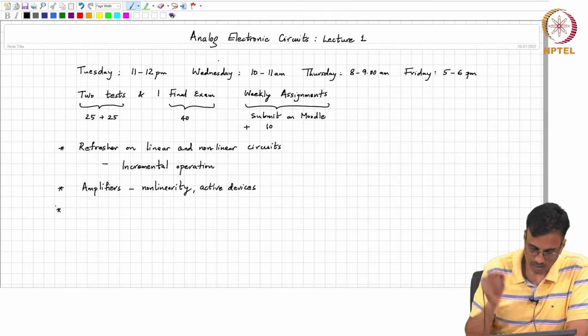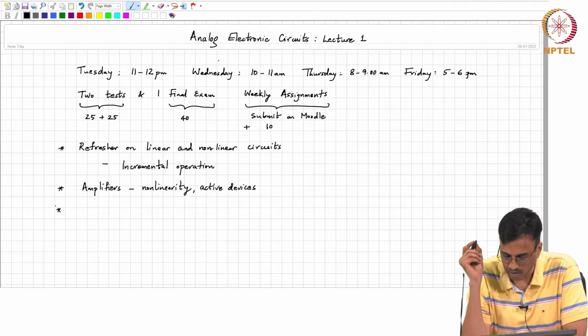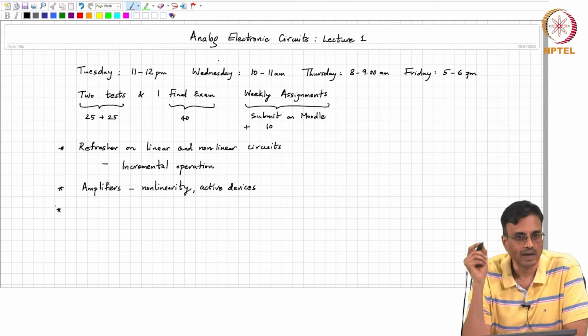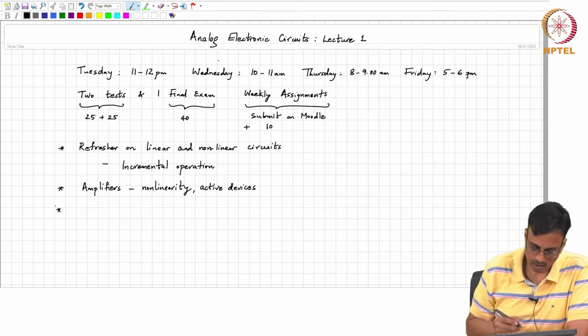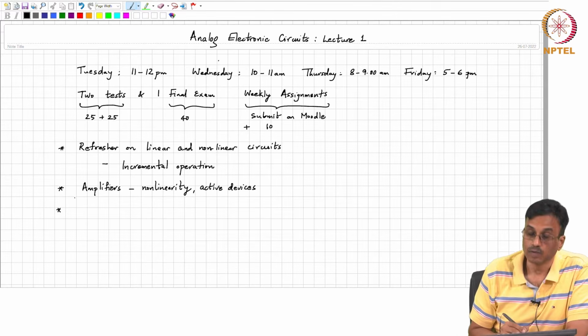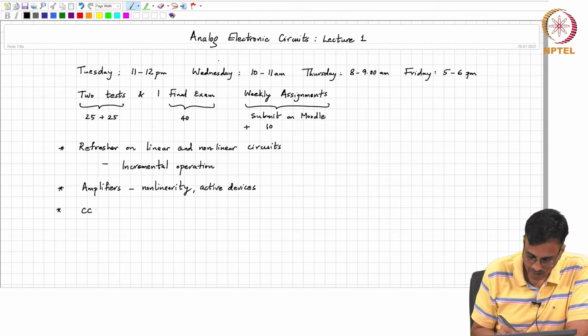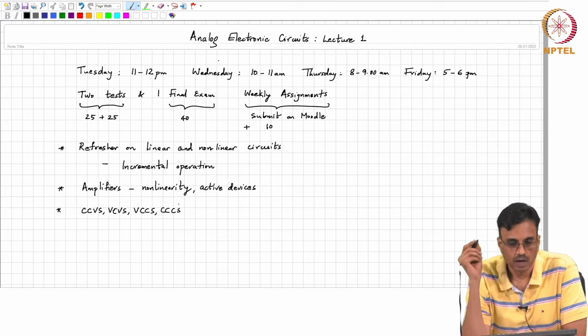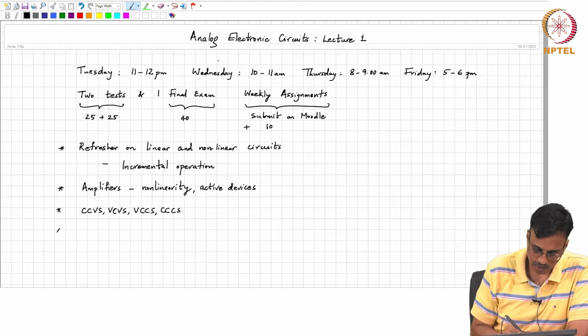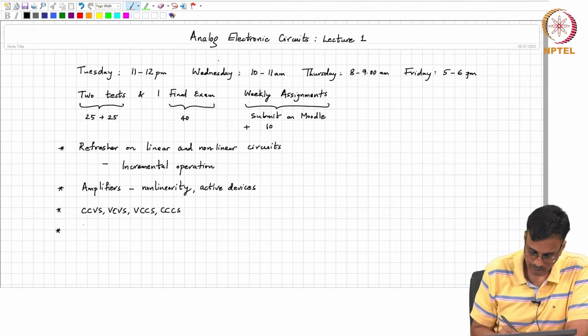Then, based on our knowledge of active devices, an example being the MOSFET, we will then look at making the 4 basic control sources: the current controlled voltage source, the voltage controlled voltage source, the voltage controlled current source, and the current controlled current source using transistors. And we will follow that up with making multi-stage amplifiers.